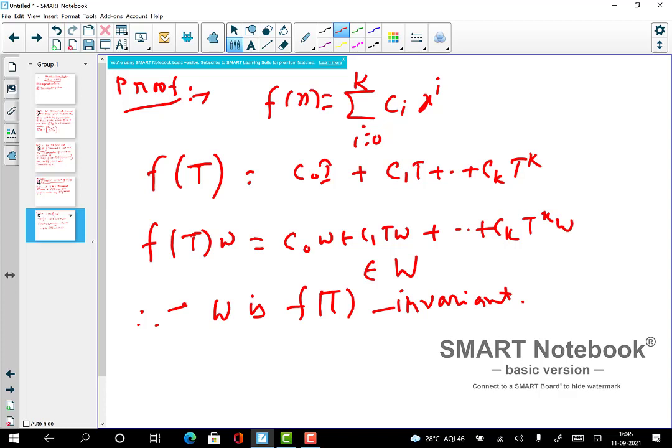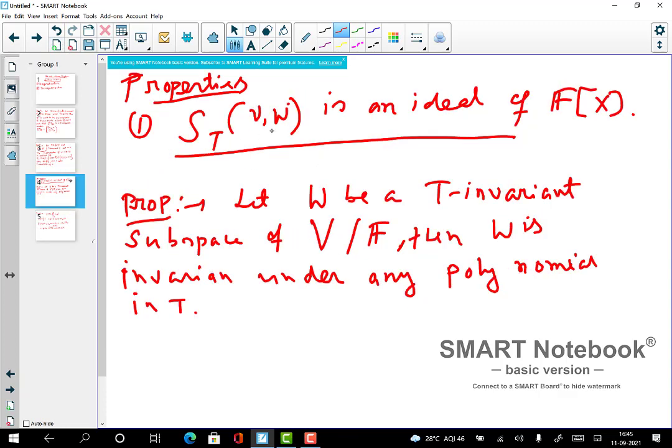Now, if you know these things, then what happens? You choose any polynomials here, and you say the sum of two polynomials is again inside here.